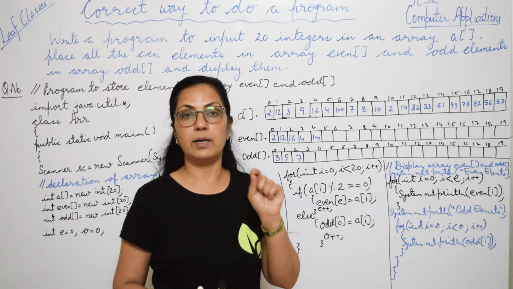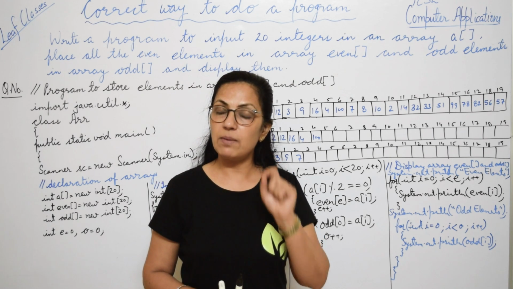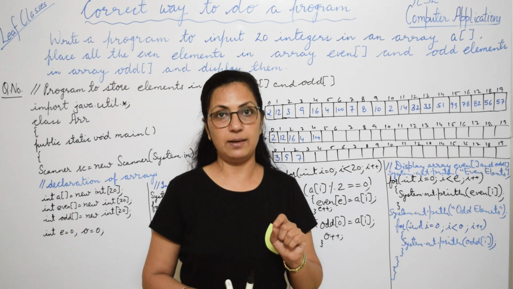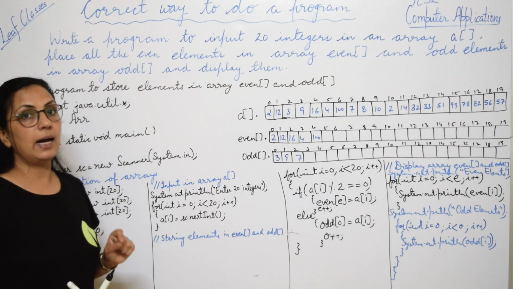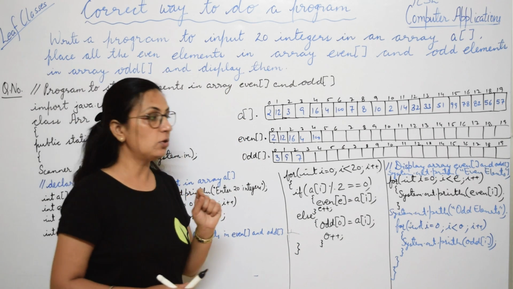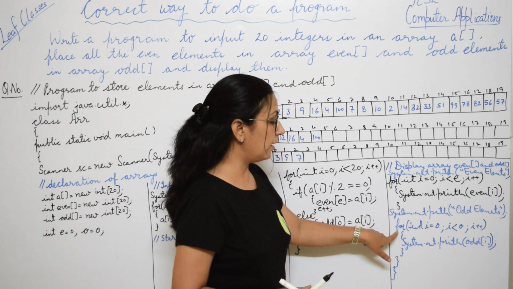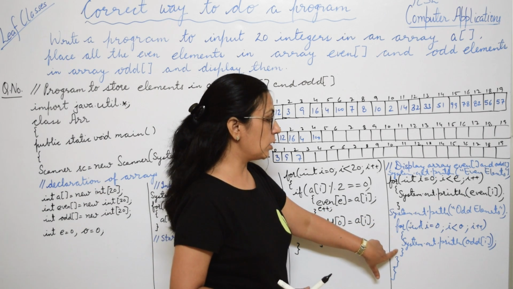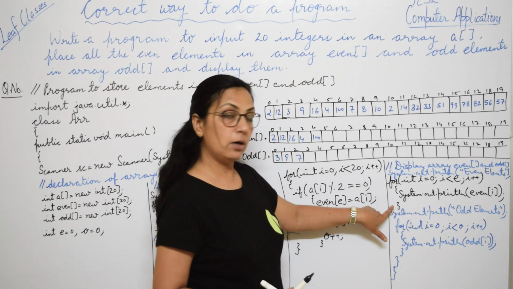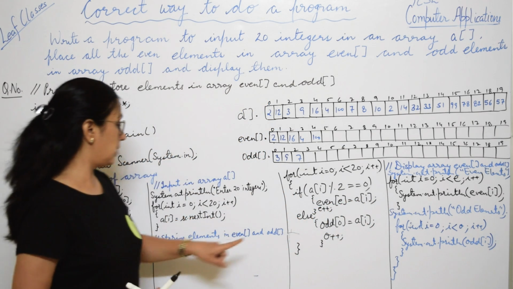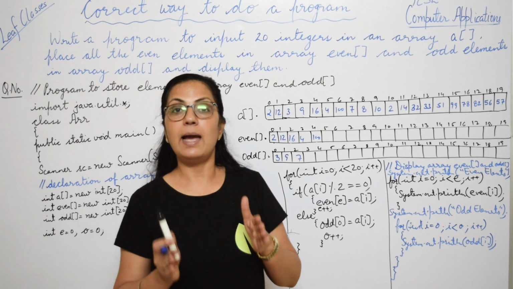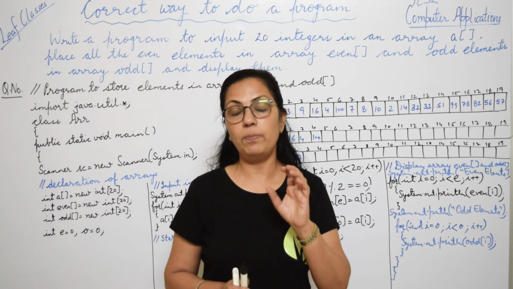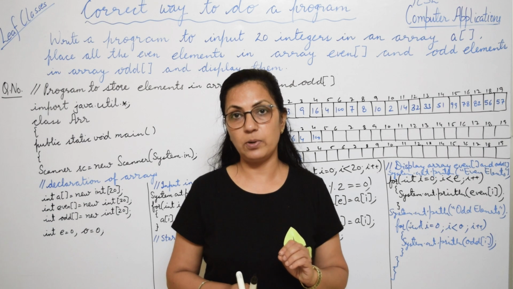Please check that the semicolon should not be there, right children? And then the number of opening and closing braces should match. Opening of 4, closing of 4, and then whether you have closed main and class or not. So please pay attention to these points.